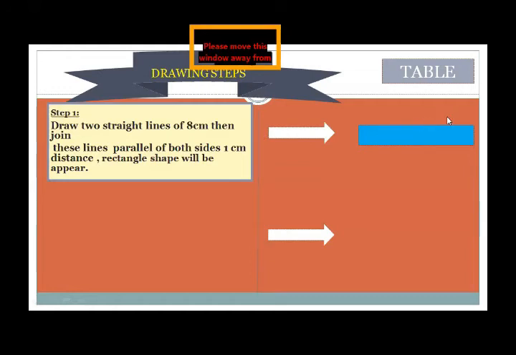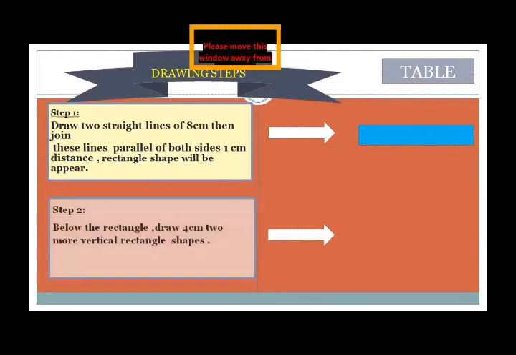This line and this line will be 8 centimeters. Then join. How will you join? You will join it on both sides. These lines are parallel on both sides, 1 centimeter distance. Look at this. A rectangle shape will appear. After drawing the 1 centimeter line, you will observe that a rectangle shape appears. This is step number one for drawing a table.